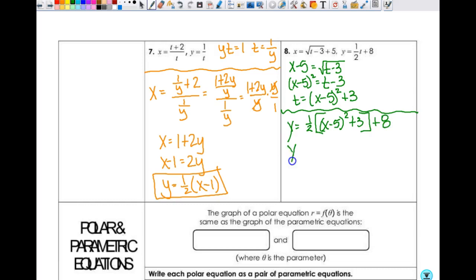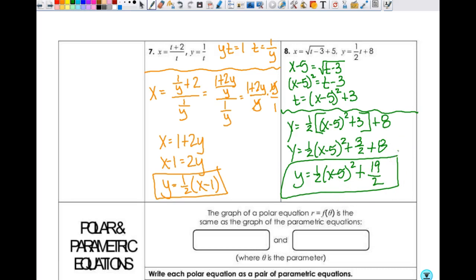That means y equals 1/2 times (x minus 5) squared plus 3/2 plus 8. Y is equal to 1/2 times (x minus 5) squared plus what? 19 over 2.